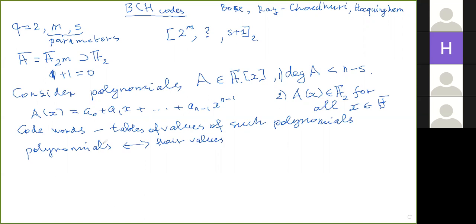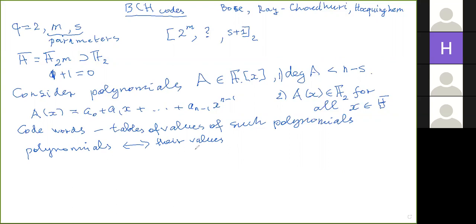To each polynomial of that degree, so now we assume the degree is, say, n minus 1, we can compute the values, and this mapping is one-to-one. For each possible values, there is a unique polynomial of that degree which takes those values.